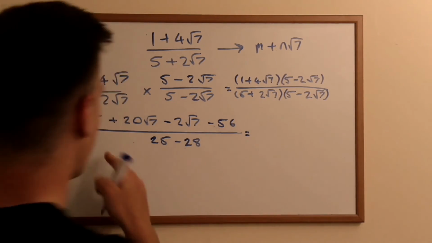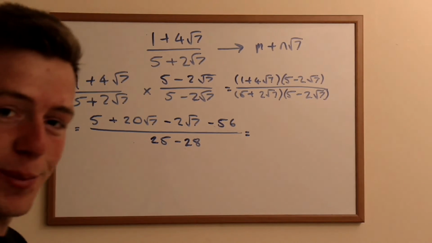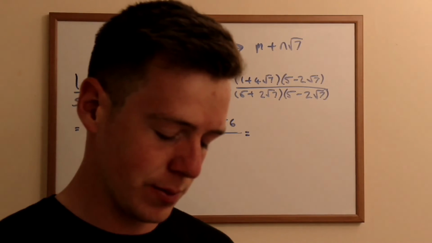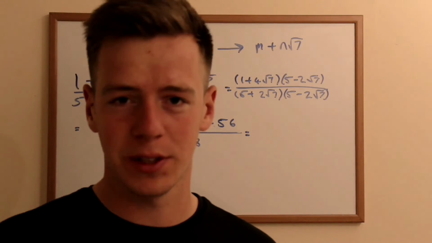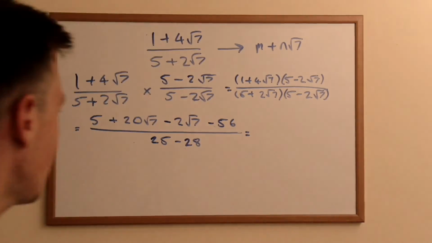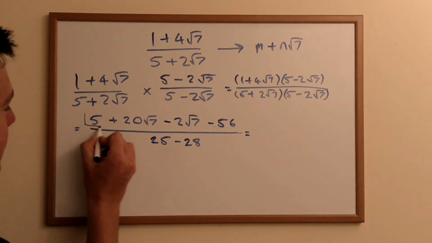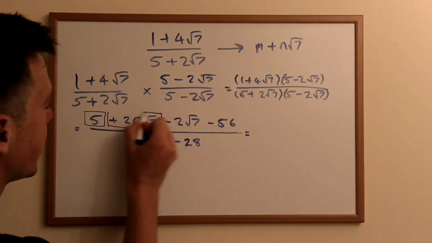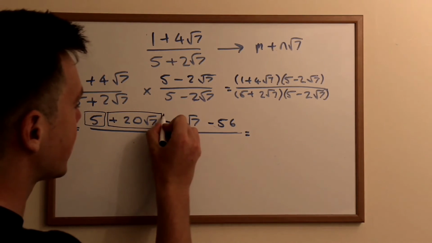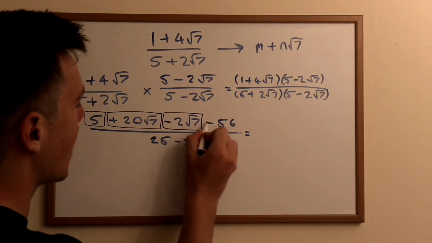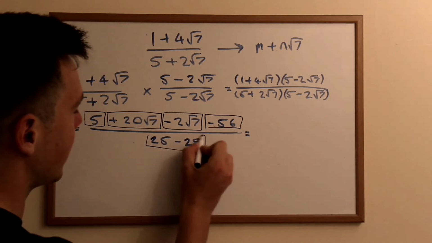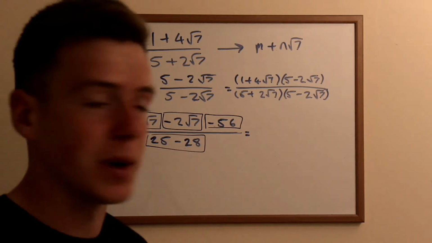So the next step we need to do is do something called collecting like terms. So this basically just means boxing things together. So we've got 5, we've got positive 20 root 7, we've got negative 2 root 7, we've got negative 56, and this bit here is going to equal a number as well.